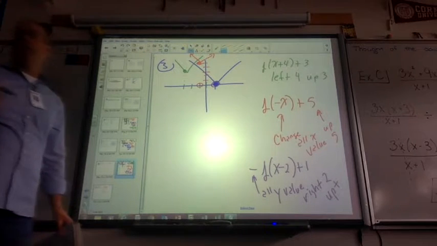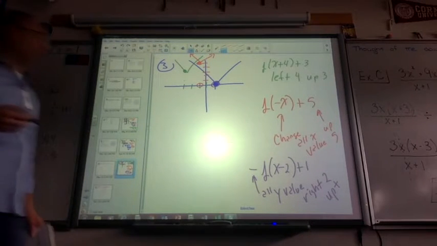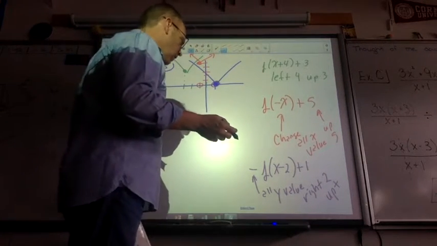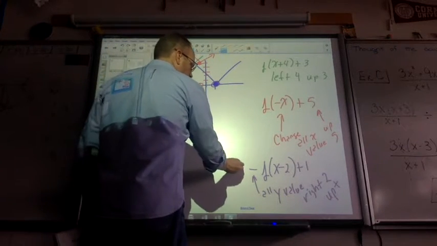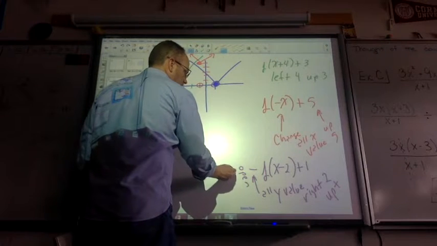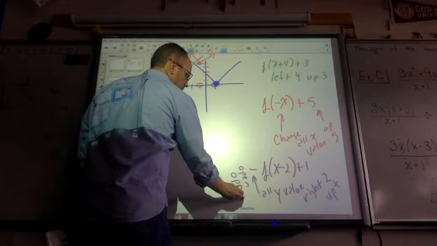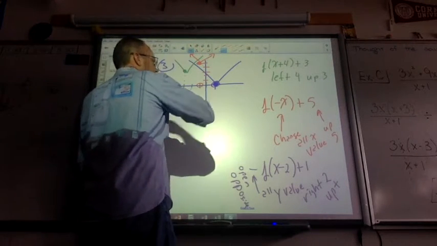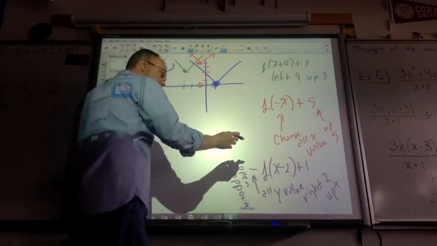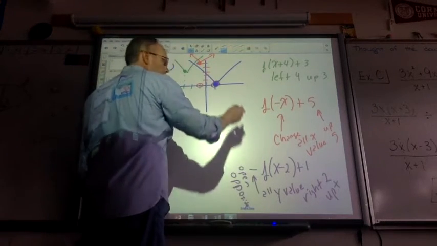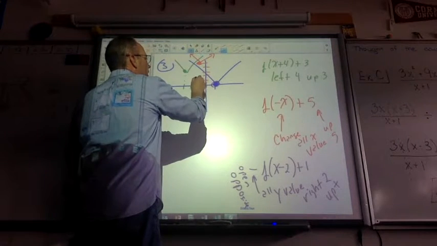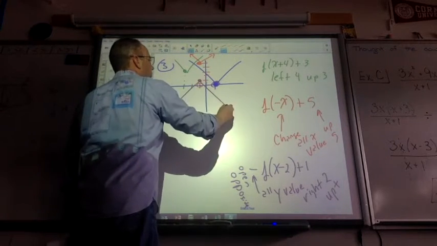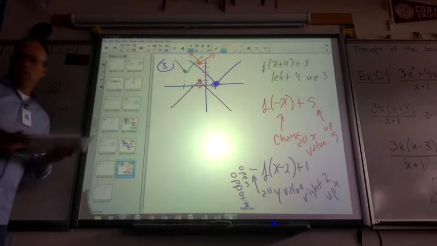No, it's a 0, so a negative 0 is the same thing. And then it opens opposite as well. So it's going to open down. So that point, left 2, up 1, open down. Looks like that. Cool.